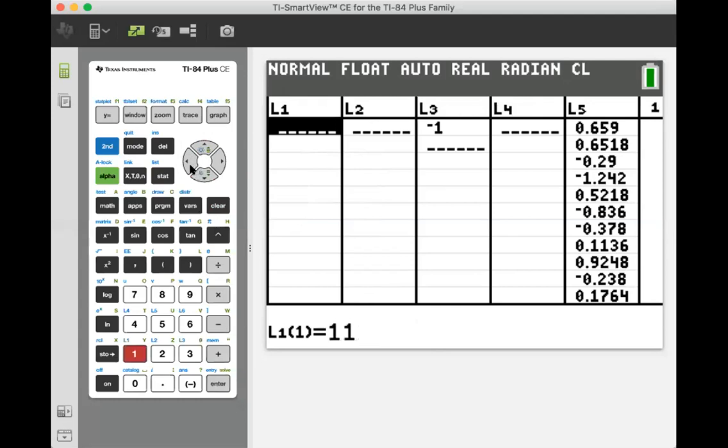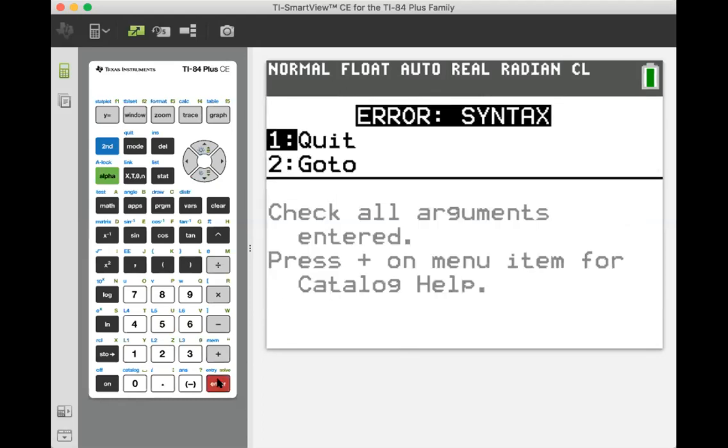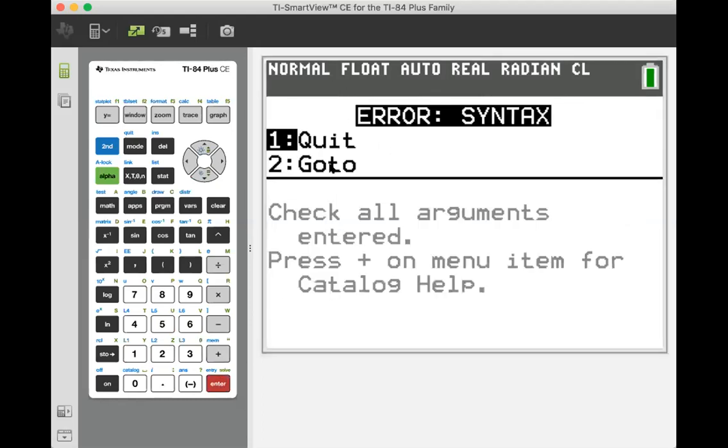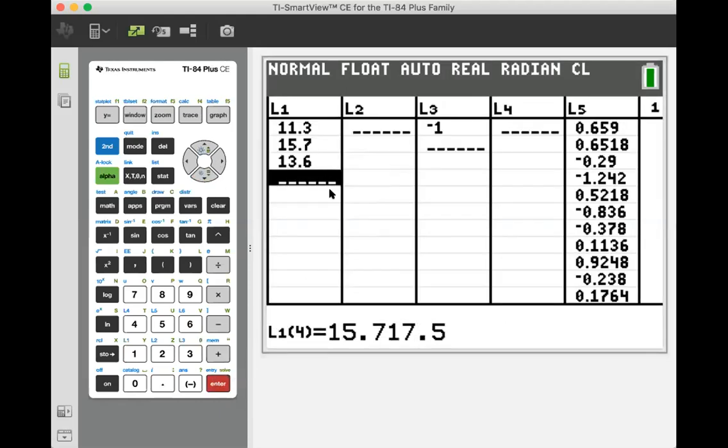Let's go to this. 11.3. 15.7. 13.6. 15.7. 17.5. Error, quit. All right. 15.7.